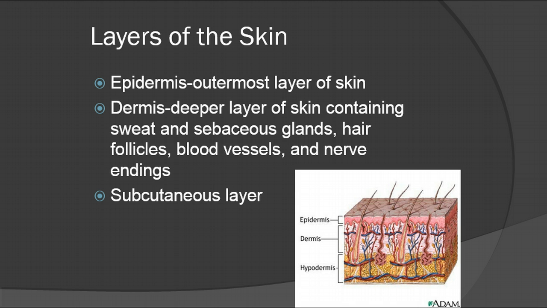And this is where all the swelling and healing and all those sorts of things would occur. And then you have the hypodermis or subcutaneous layer, which is a layer of fat that provides further insulation and protection in the event that you get injured or you have other additional issues.